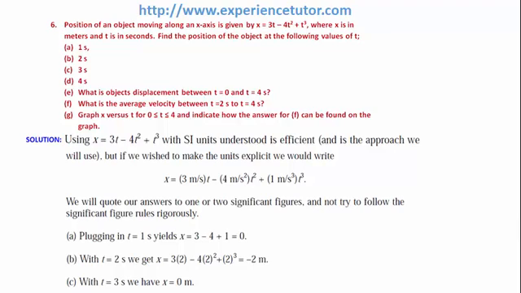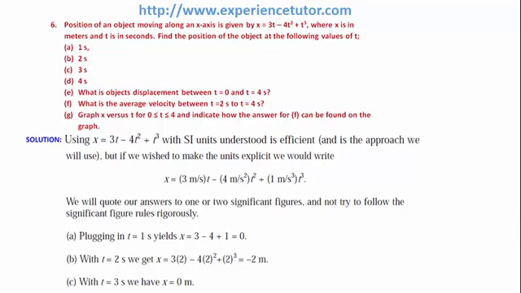Question 6. Position of an object moving along an x-axis is given by x is equal to 3t minus 4t square plus t cube, where x is in meter and t is in second. Find the position of the object at the following values of t.